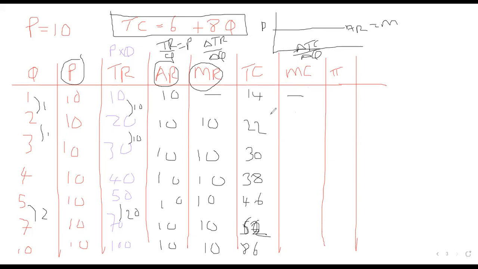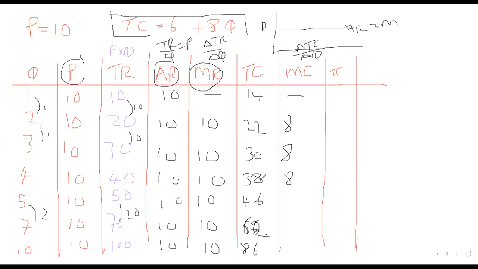So what do we have here? 14. That is 8. All right. Then here, 30 divided by 1, that's 8. About here, 38, that is 8.